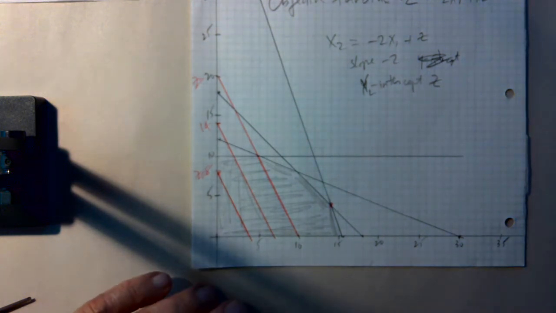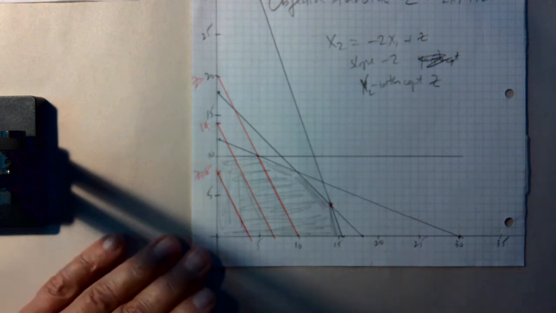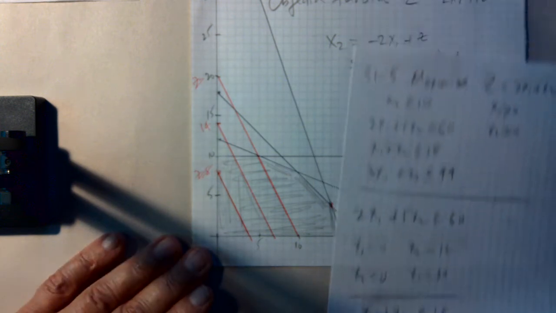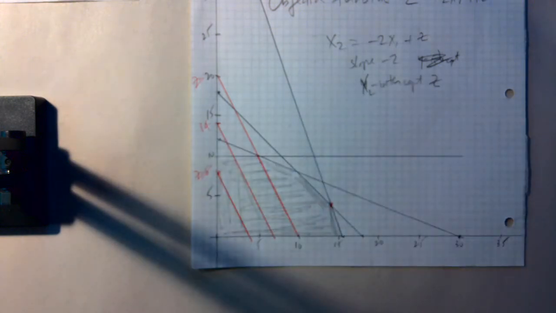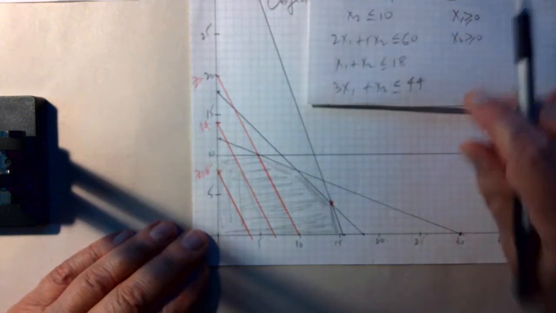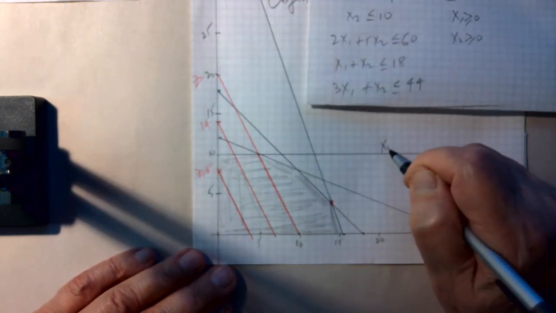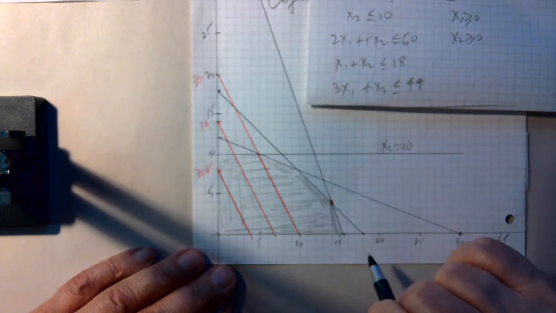Maybe what I'll do is go back and label my lines. I had 4 lines. These were my 4 lines. This is the line x2 equals 10.